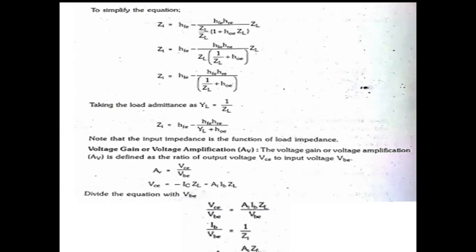Nothing is there, just simplification by substitution. Taking ZL out and simplifying, you will get ZI is equal to HIE minus HFE HRE by HOE plus 1 by ZL, where 1 by ZL is equal to YL. So ZI is equal to HIE minus HFE HRE by YL plus HOE.